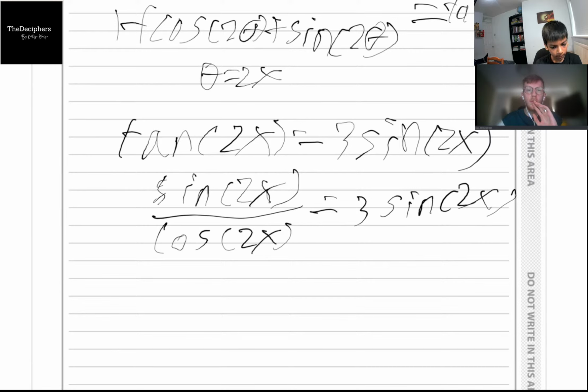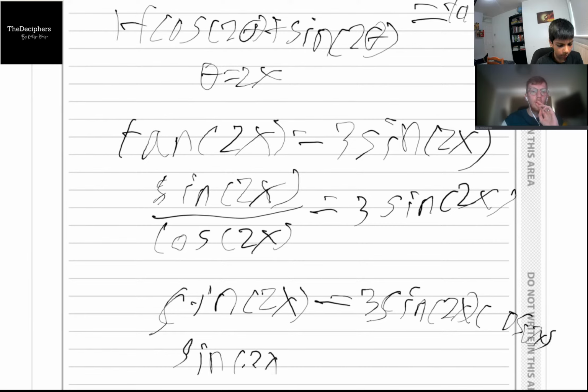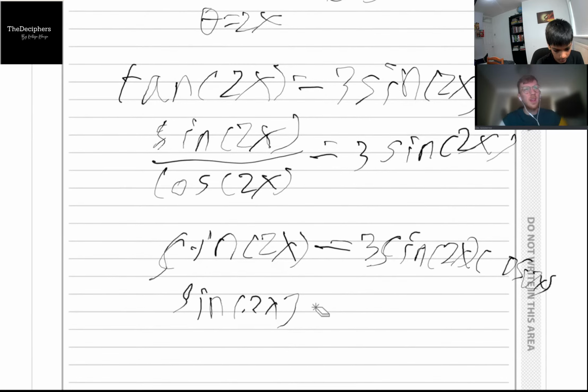Okay. So if we times by cos 2x, that's sine 2x equals 3 sine 2x times cos 2x. Good. Sine of 2x times by 1 is... Can we make it equal 0?